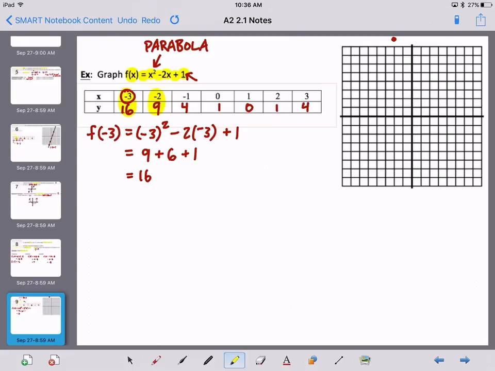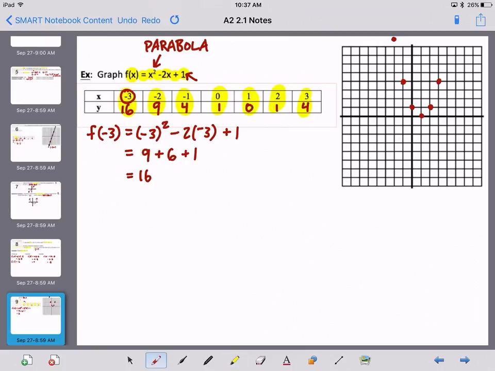If we plot negative 1, 4, we'll go left 1, up 4. 0, 1, go over 0, up 1. 1, 0 is right 1, up 0. And 2, 1, go right 2, up 1. And then 3, 4, we will go right 3 and up 4.